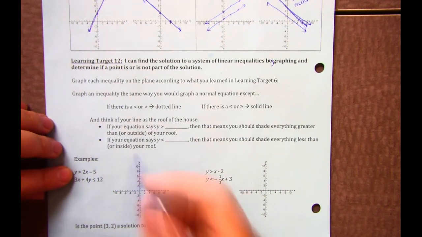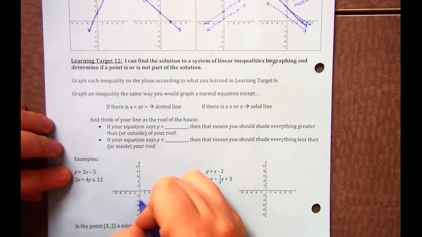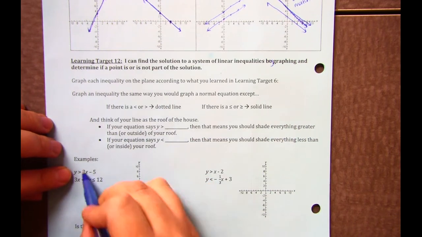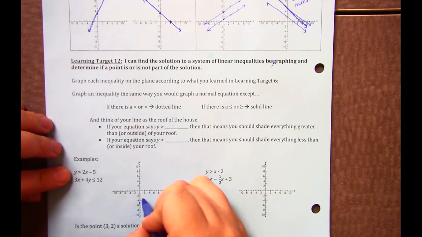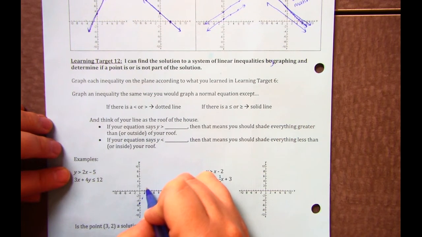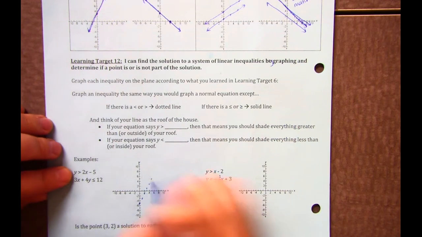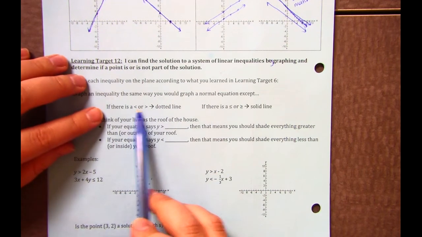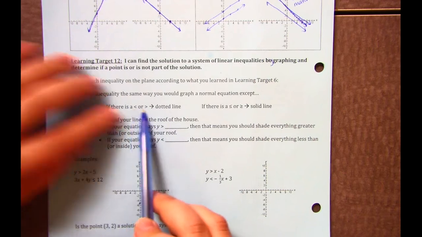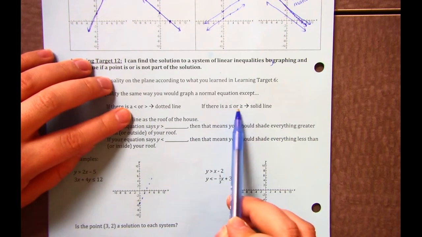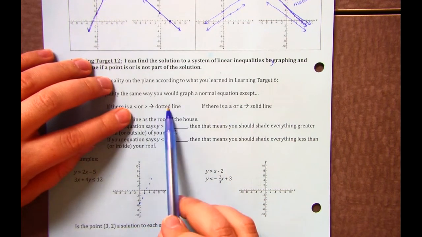So remember, we start at negative 5, and the slope is 2 over 1, 2 over 1, and so on. Now, if it is a less than or greater than without the line underneath, like how these ones have a line underneath, we're going to do a dotted line.